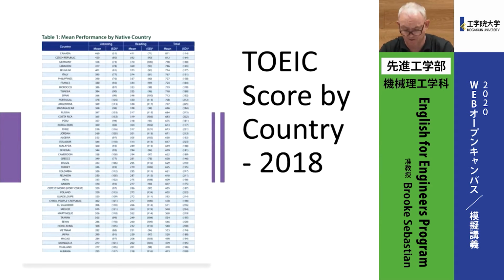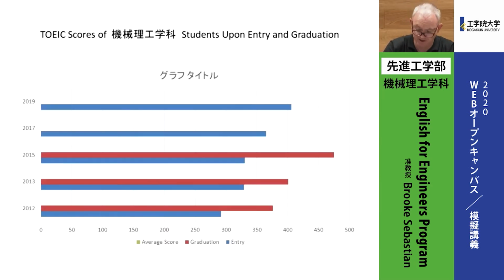Now, this is why we put a focus on English education and improving our students' communication and language abilities in our program. Here you can see the TOEIC scores for our department students upon entry and upon graduation. And we work hard to improve the language and communication abilities of our students.